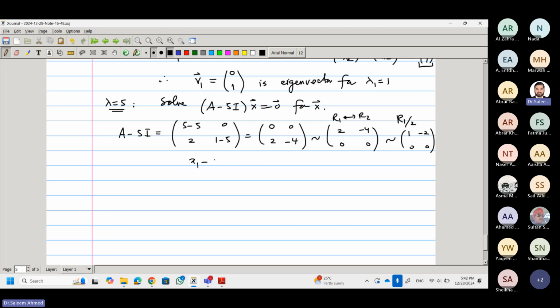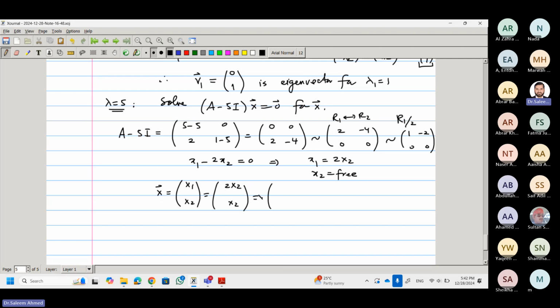Now if you write x1 minus 2x2 equal to 0, and the second equation does not give me anything, so x2 will be free. One of the variables has to be free. Now if I write the answer, x1 is 2x2, x2 is x2 because it is free.